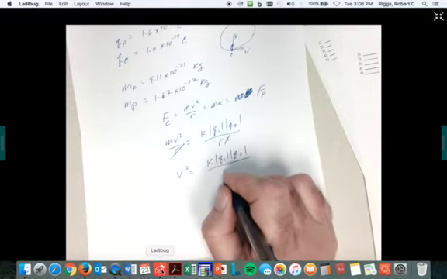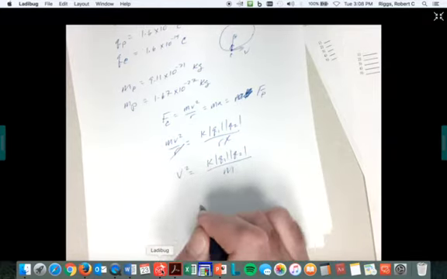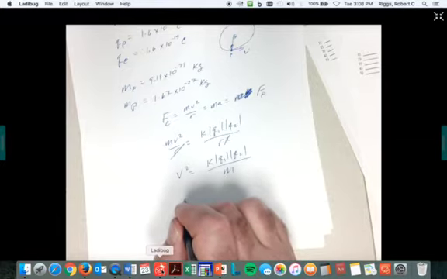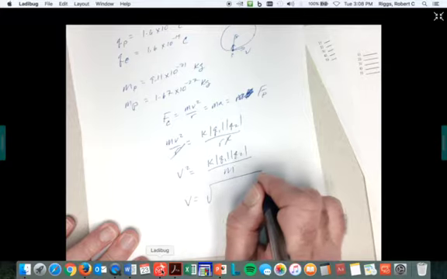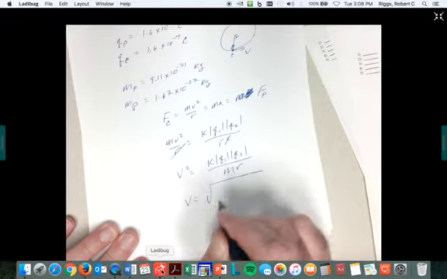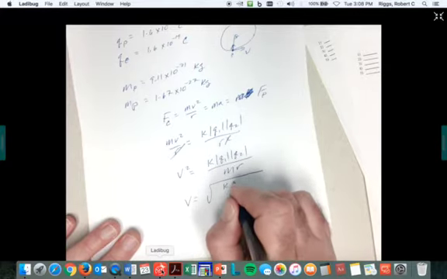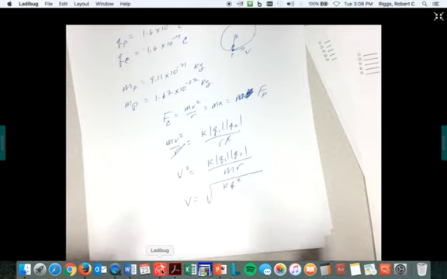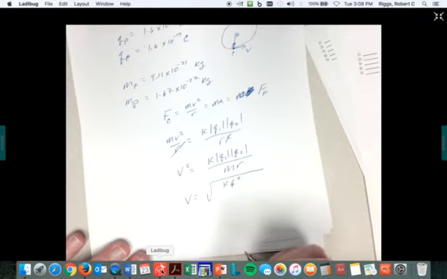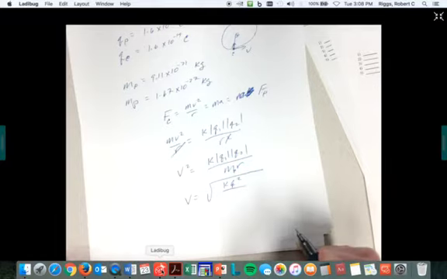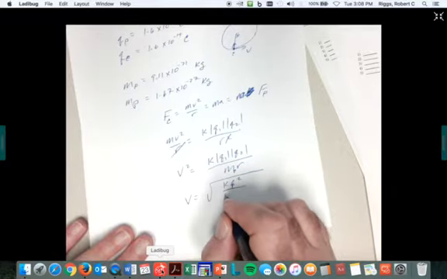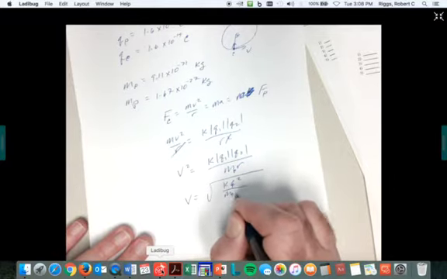And so v is equal to the square root of k q squared, because we're doing the absolute value, divided by the mass of the electron, which is what's moving around, times that radius r.